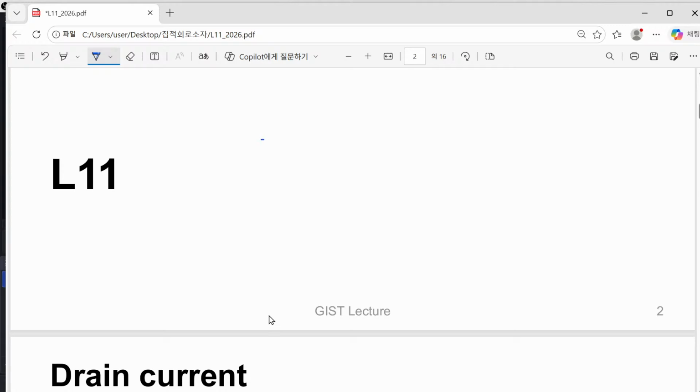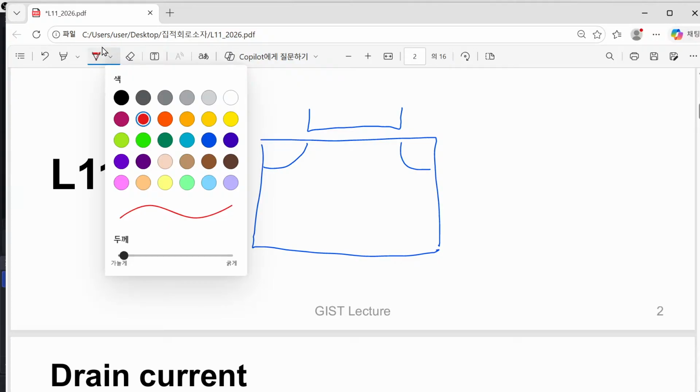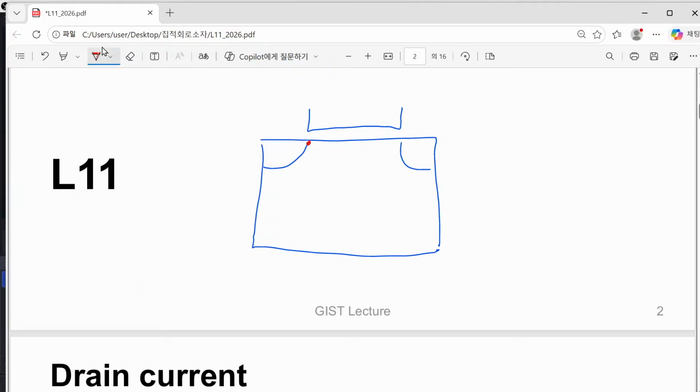If we consider this MOSFET, we have a source and drain, and that is gated. In this case, we introduce a certain coordinate system. So y, which starts at 0 and ends at L, corresponds to the channel direction.